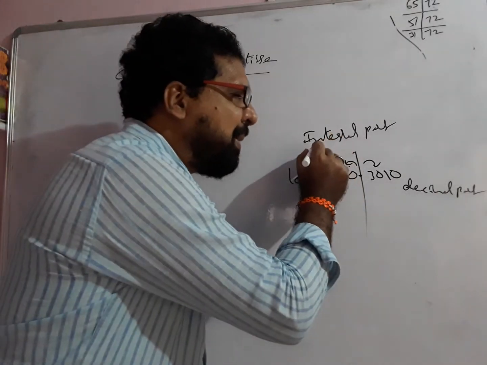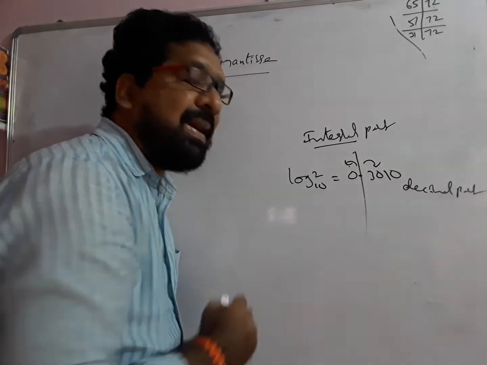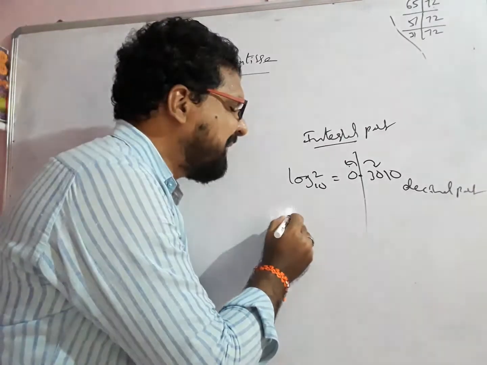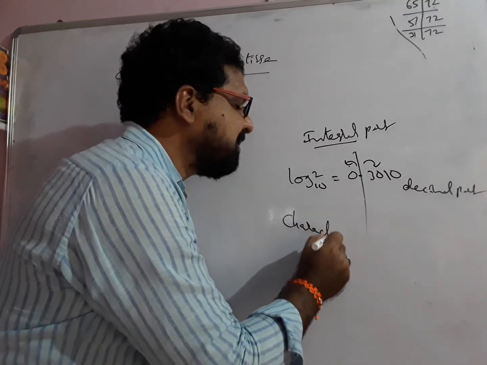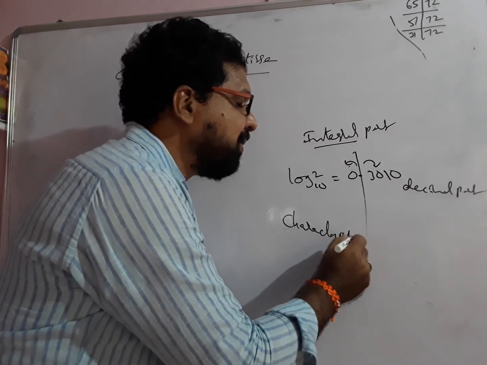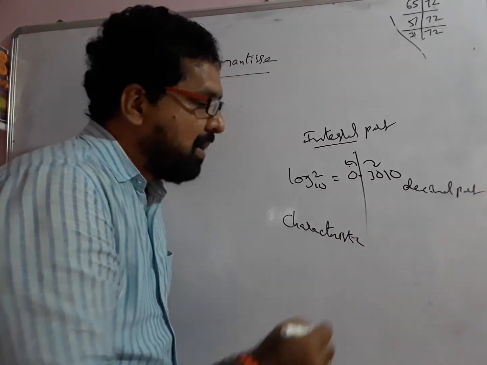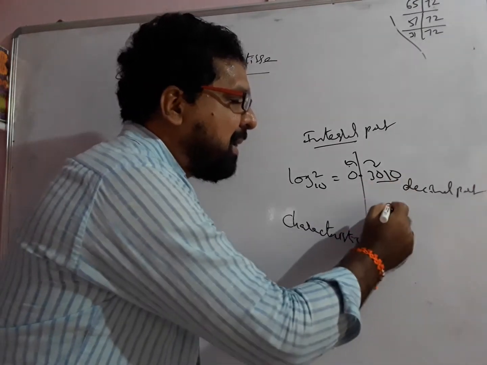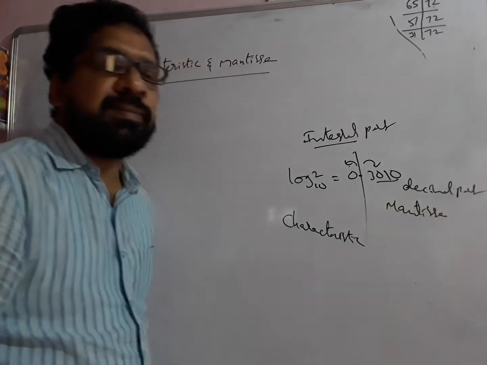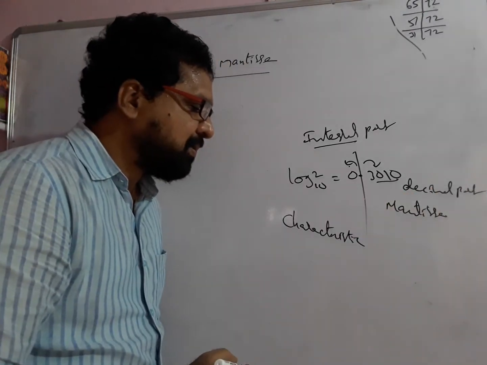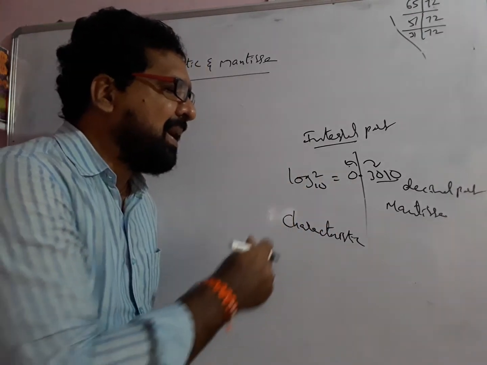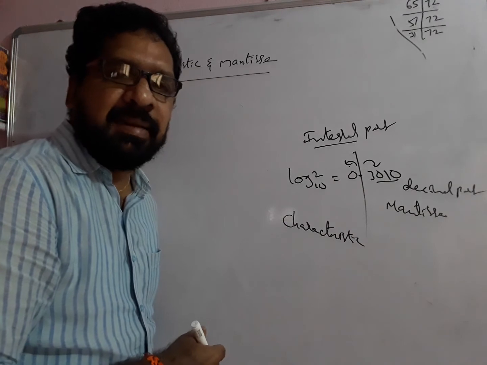The part after the decimal point is, of course, the decimal part. So the integral part is also called the characteristic, and the decimal part is called the mantissa. Here the integral part is called the characteristic, right?